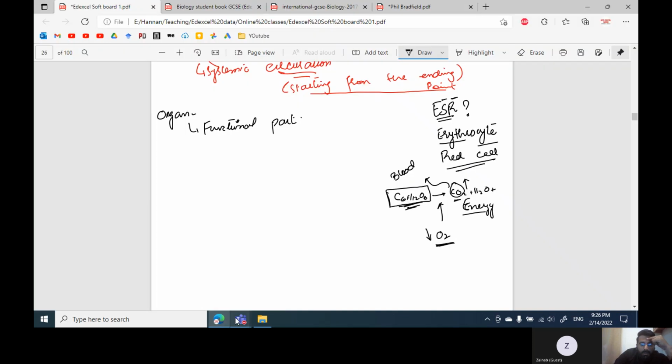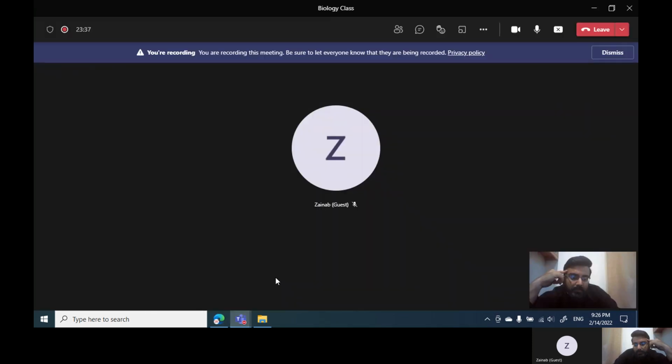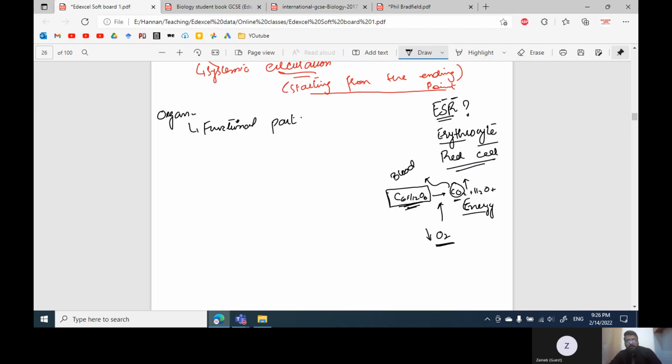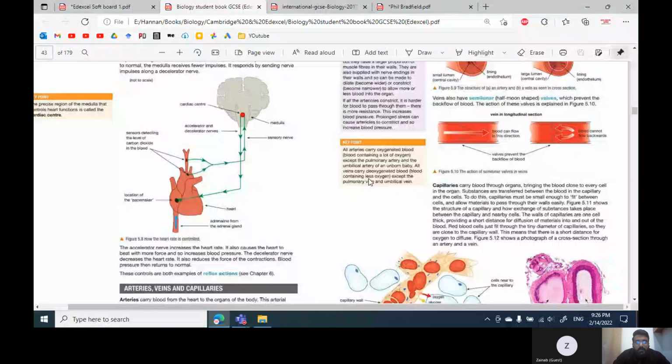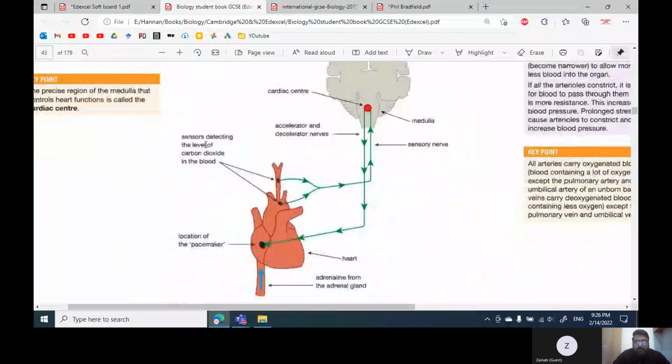So, are you understanding all of this? Yes, sir. Okay. So now the important thing is, let's look at a diagram from the book. Look at this one. Sensors detecting the level of carbon dioxide in the blood.